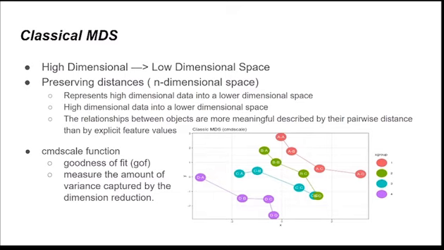It has the goal of preserving similarities between points as much as possible, so that the relative relationship between data points is maintained in the reduced dimensional space. The function to use this in RStudio is called cmdscale, and it allows us to look at the goodness of fit and measure the amount of variance captured by the dimensional reduction.